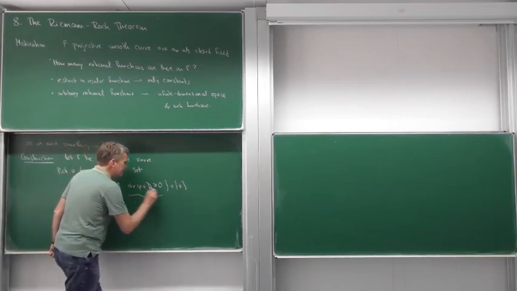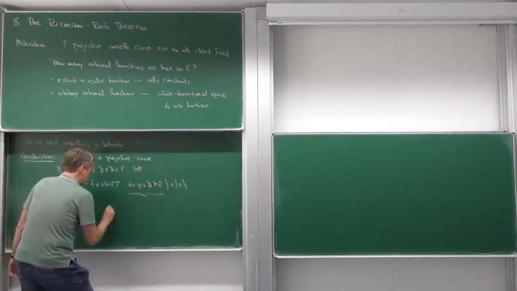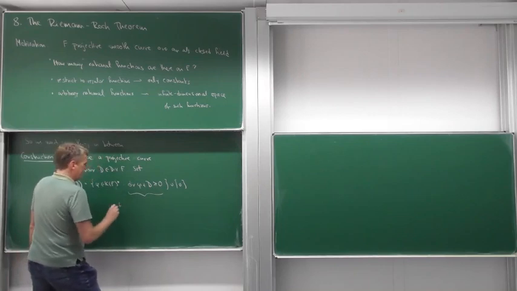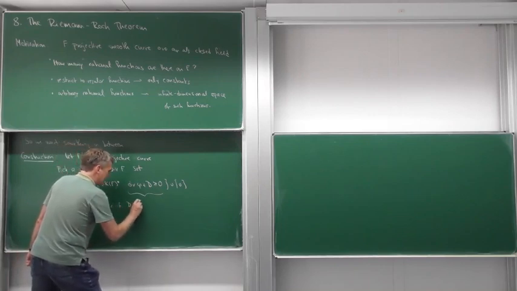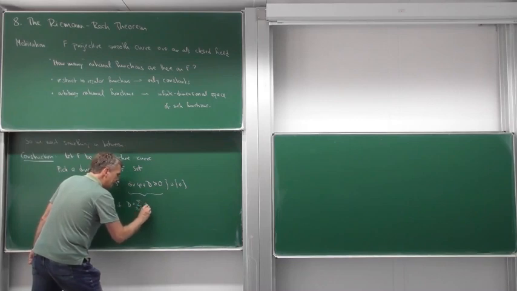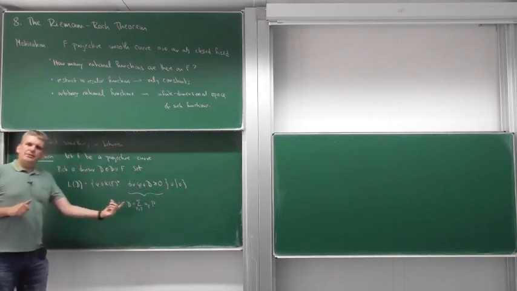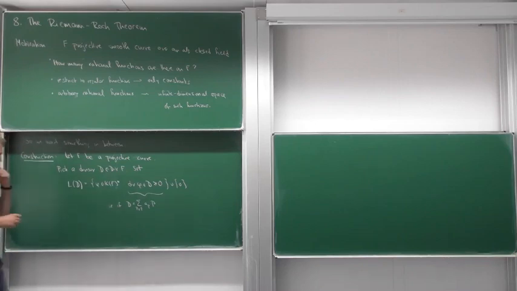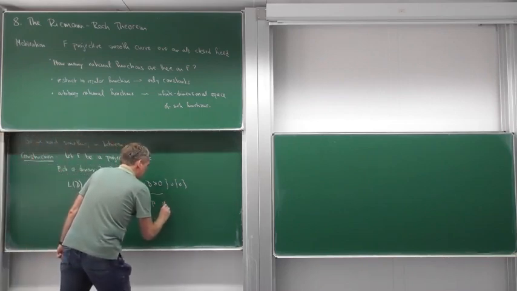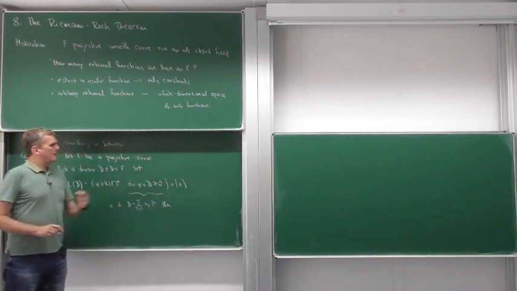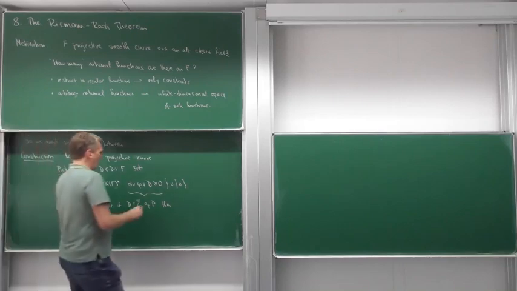So what this means is, i.e., if the divisor we write as a sum over all points P in F, and then the coefficient, we call this a_P times P, so a_P is just the coefficient of the point P in the divisor, then what this condition means is that we have greater or equal to 0 at every point.